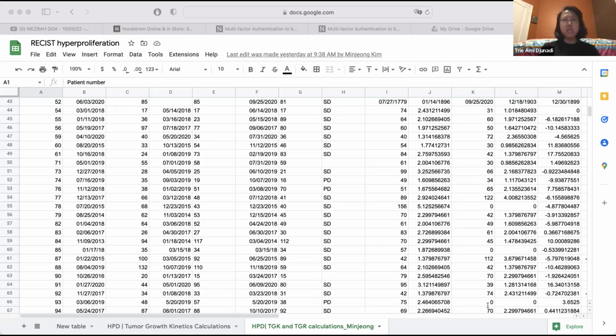Yeah, this is the one that I made for the graph. We started with 298 on the exclusion criteria, and right now the included one is 192 that we can count for all the data.